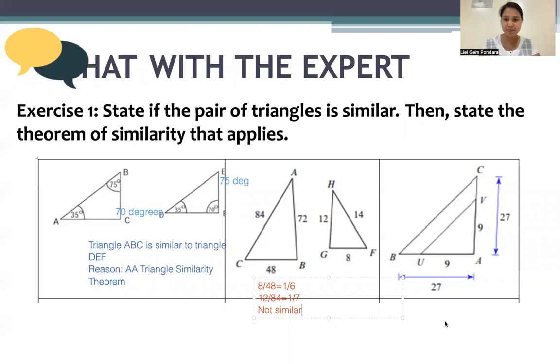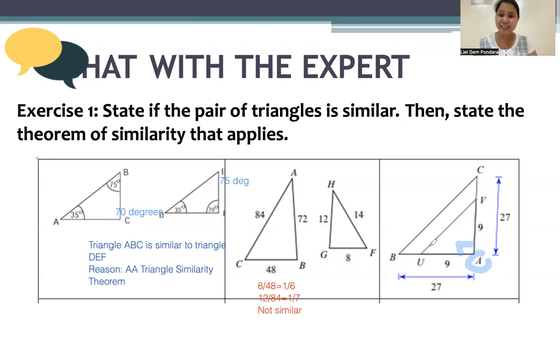Let's go to the third one. Here, we have 9, 9, and this one. The next, 27 and 27 for the other. Now, you see, both are right triangles, right? And if you check, both are right triangles, so they have the same right angle at A. If you see, this is an isosceles right triangle because that's 9 and the other is 9.